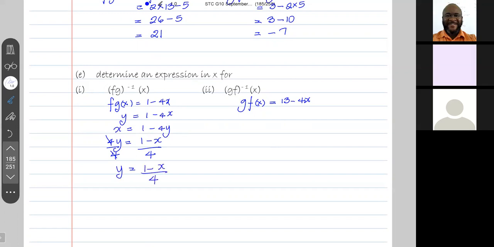Step 4 is to take out y and say f of g inverse of x is equal to 1 minus x over 4. Guys, please determine an expression in x for g of f inverse of x. As soon as you do, type your answer in the chat.